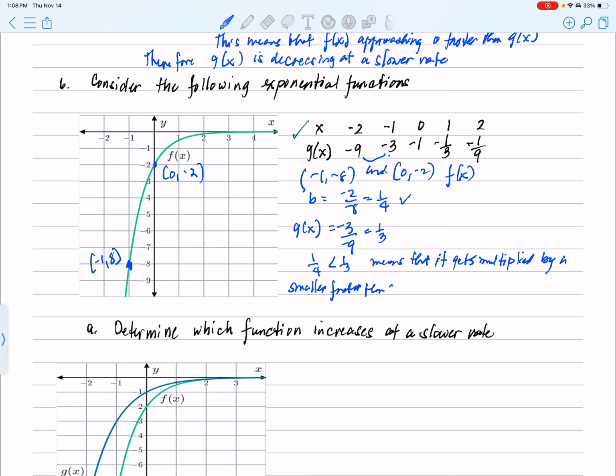Because of this, we could say that f of x will get closer to 0 faster than g of x as it increases at a slower rate.